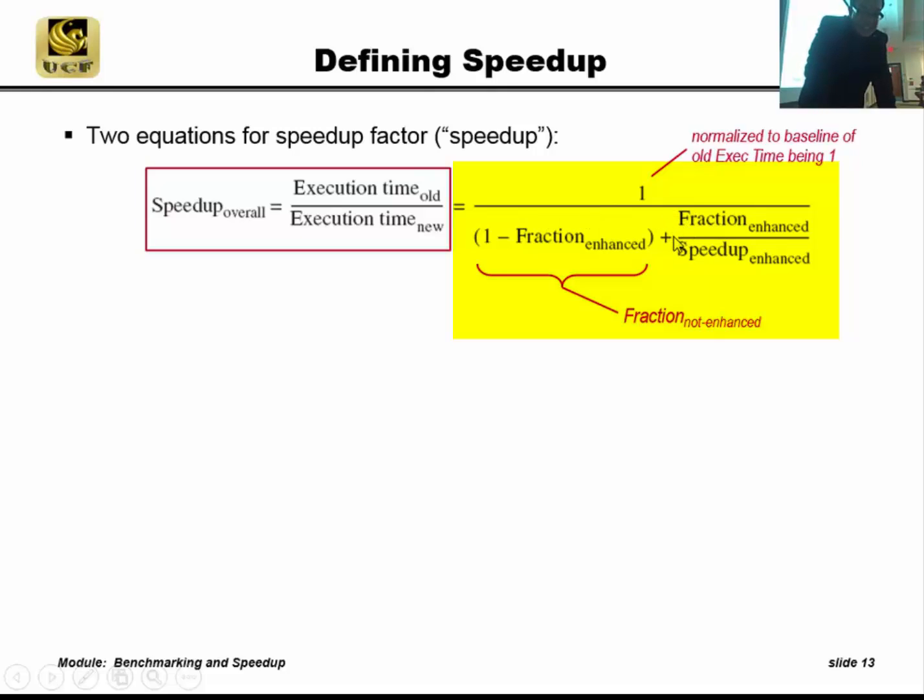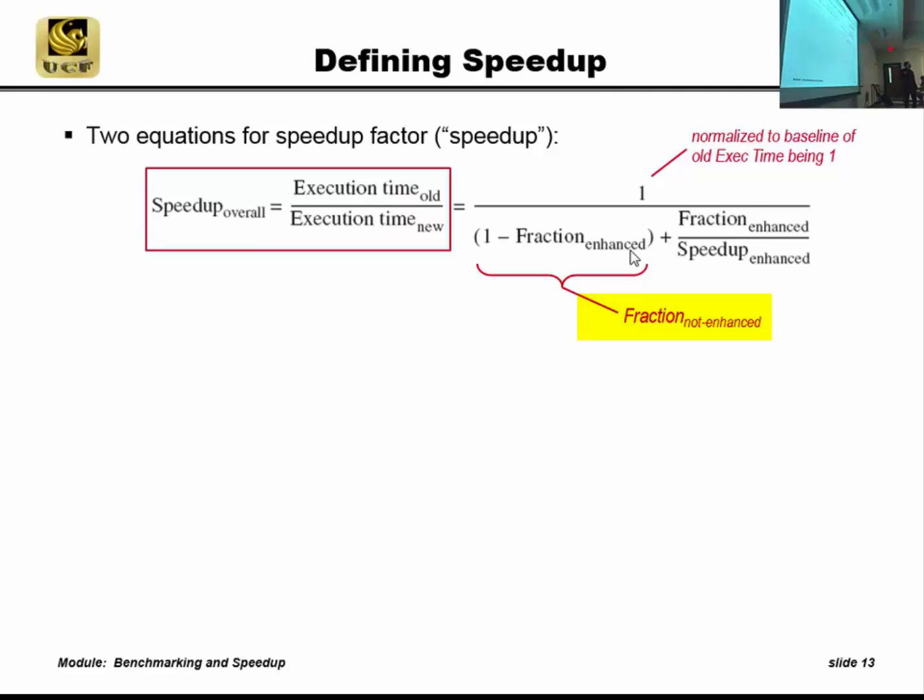We can also divide through by old execution time and get the fraction enhanced in this form. So we see here there's something called fraction enhanced, the proportion of code. Go back to our runner that we had in the previous lecture, and there was a little video, an animation. And we said there was some time to get to the start line, which according to the pie chart was maybe 1/6 of the time.